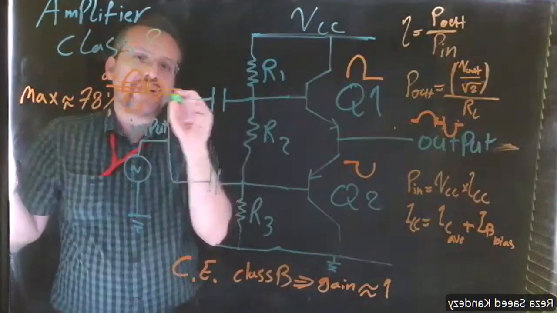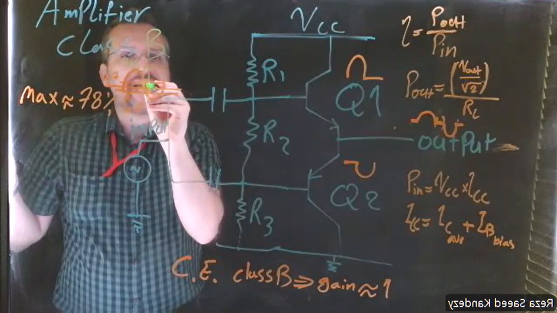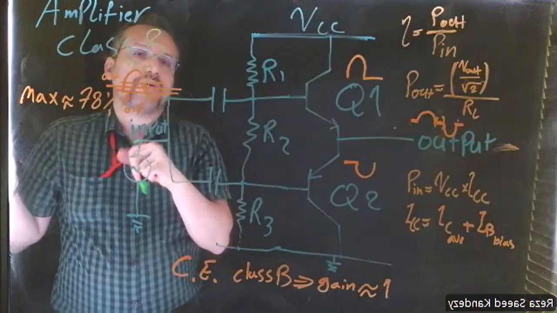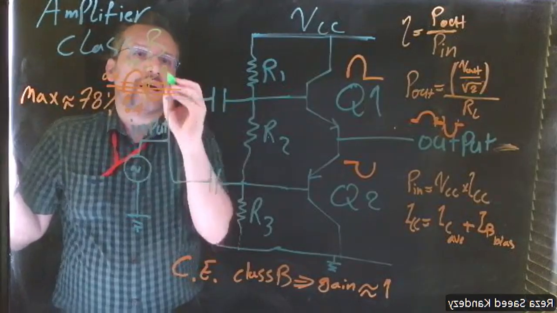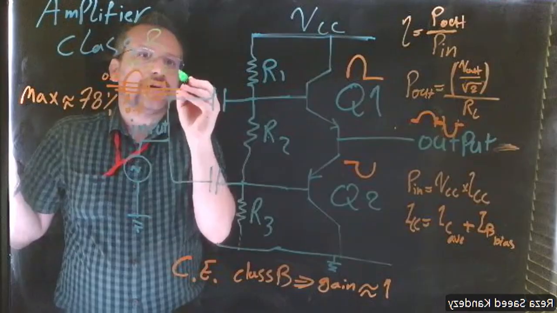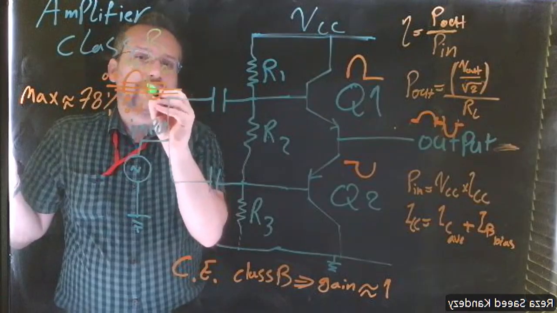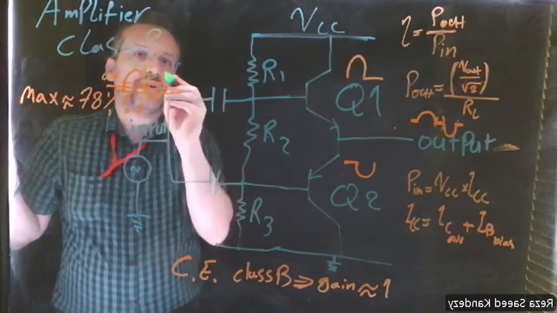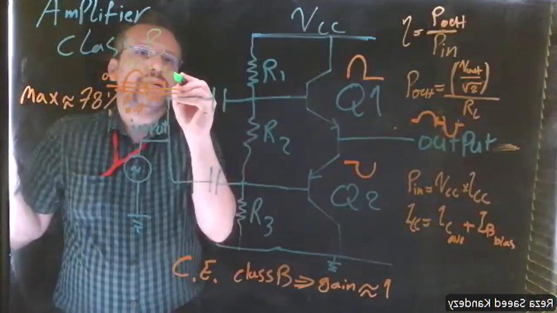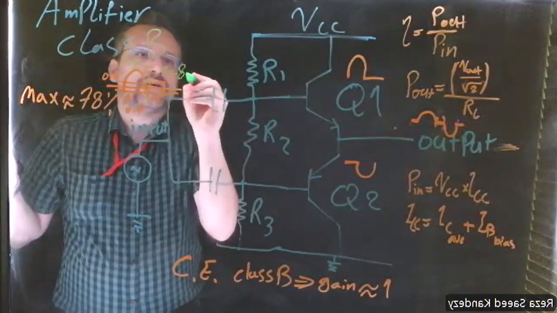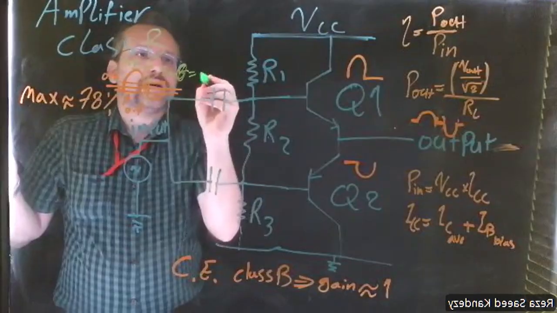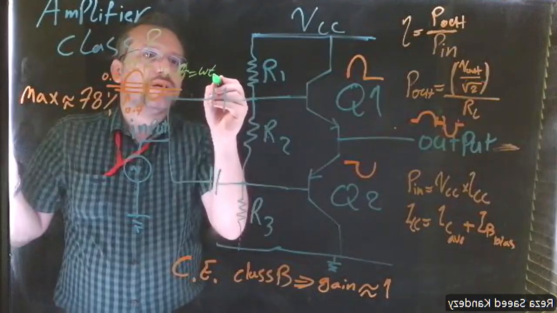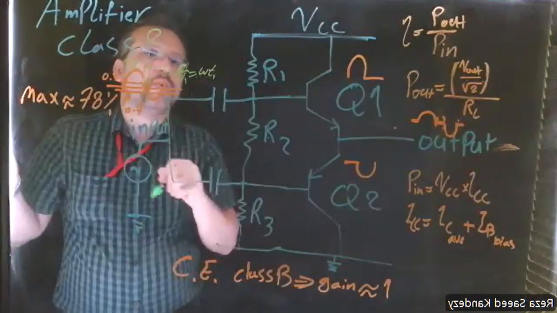So you can calculate what the angle is. The theta is here, and that theta is going to be the theta here. The difference between 180 and this theta is going to be a certain omega t, like omega t1.